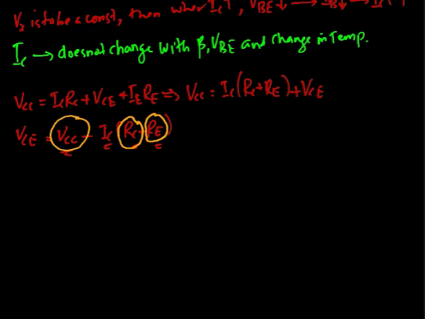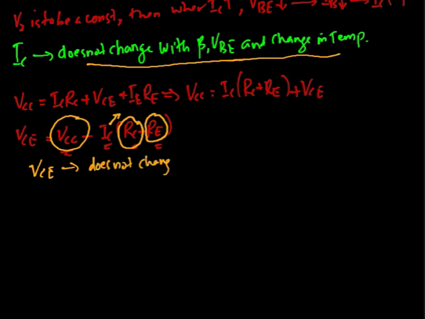The remaining possibility is variations in IC, but we have seen that this IC does not change with transistor parameters and temperature changes. So we can say that VCE also does not change with beta or base emitter voltage VBE and temperature changes.